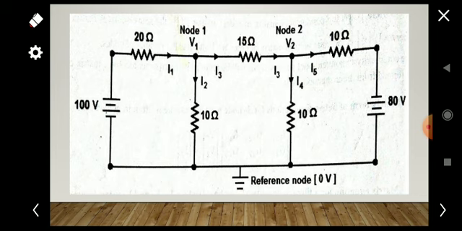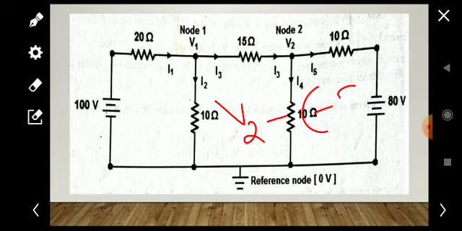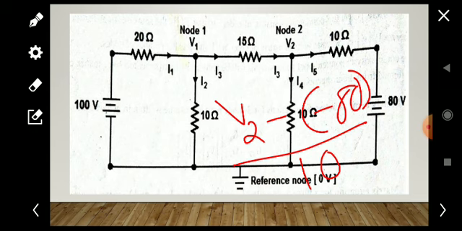If we are writing the equation for I5, it should be (V2 minus of minus 80) divided by 10. So be careful while writing the equation, because the 80 volt source is connected in opposite polarity here.